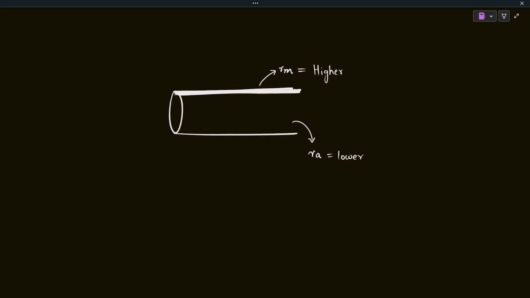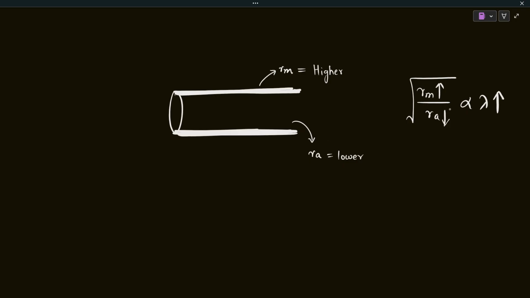Whenever Rm is high and Ra is low, at that point of time, the length constant will be high. So mathematically, now you know why the conductive velocity will be high. I'm drawing thick membranes, which means that the membrane resistance is high and the axoplasmic resistance is low.